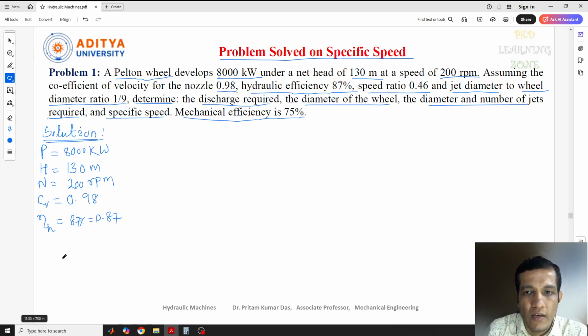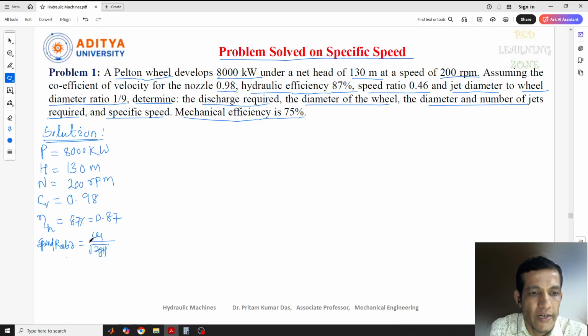Next is the speed ratio, this is 0.46. Actually, the formula for speed ratio, phi, is speed ratio equals u1 by root over of 2gH.